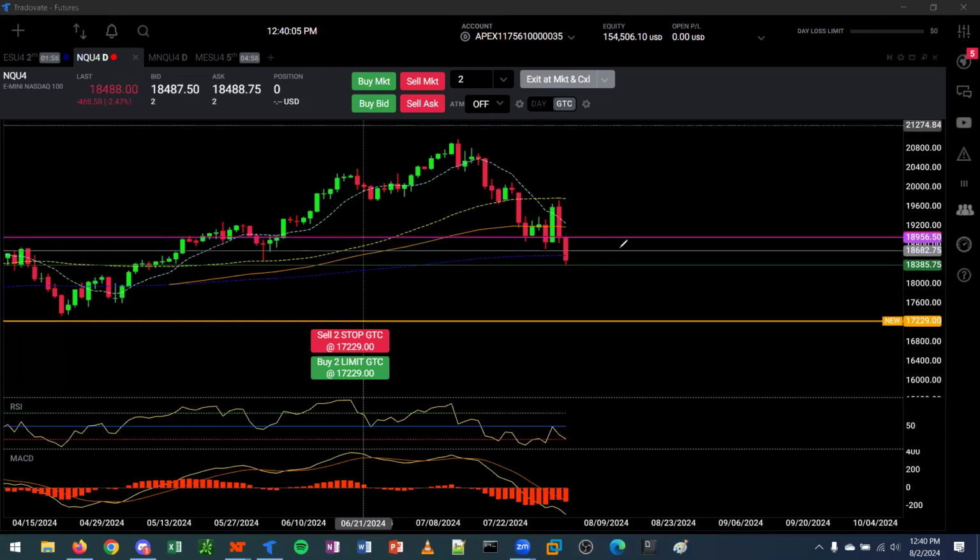But we always trade the chart in front of us. So for the week, if none of this was here, we're in an uptrend. For this week right here, the 50 SMA is still sloped up. This is sloped up. So we're in an uptrend.